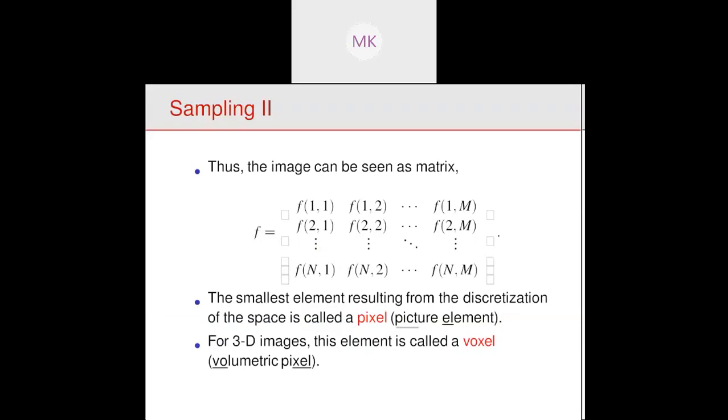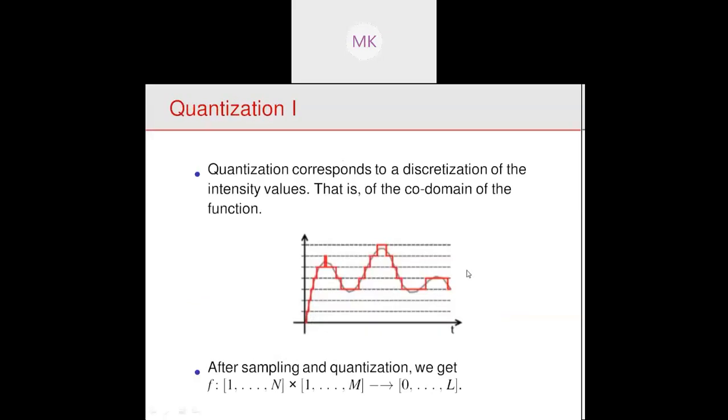An image can be seen as a matrix in which f is the function assigned to represent the given image, where m is the number of rows and n is the number of columns. Again, this is an example of quantization where the intensity levels are quantized. The amplitude levels along the y-axis should be quantized.